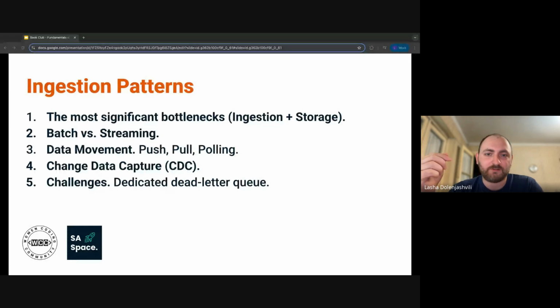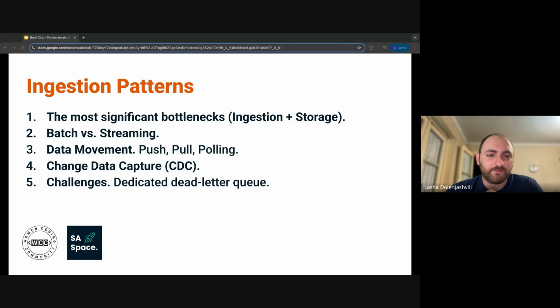The pull pattern is when, instead of the source system sending us the events, we actively connect to the source and pull the data on our schedule. And polling is a variation of the pull pattern where, before we pull the data, we ask the source, "Do you have anything new for me?" And if the answer is yes, then we start pulling the data.